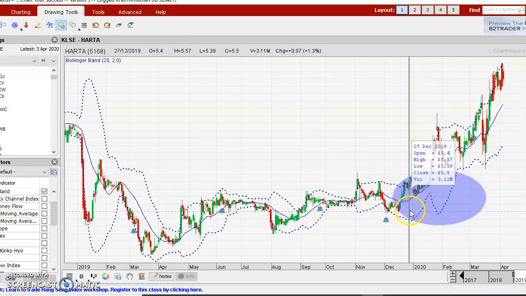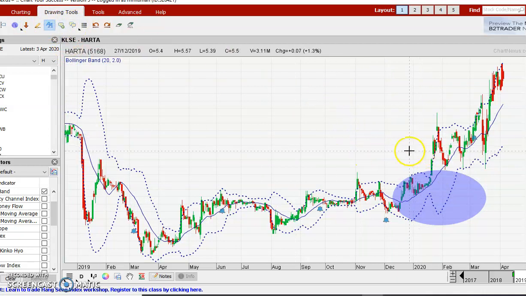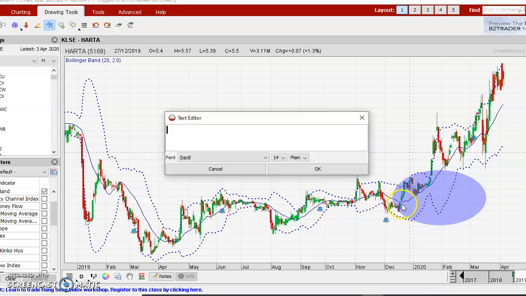And then you can see that, basically, the price actually started crossing the moving average line somewhere here, at this point.